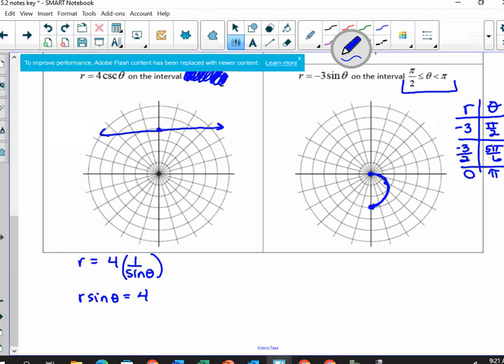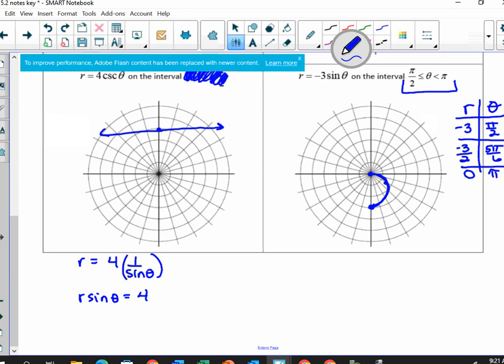I start here. I travel 5 pi over 6 to here. Pi over 2 takes you there. Your starting point is now on this side, which is new. You guys aren't used to starting over there. It's like the new circle.